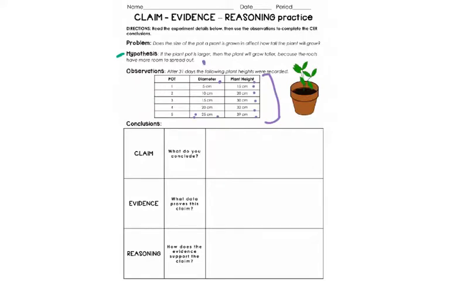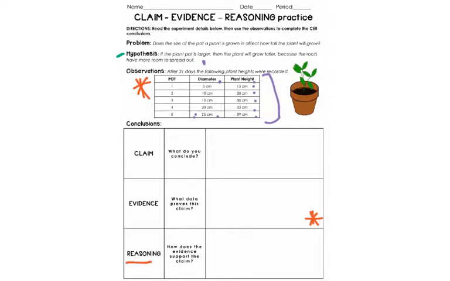But I want you to look at the data table and decide on your own. And then you're going to write me a claim, evidence, and remember, you're going to get your evidence from here. You want numbers as your evidence. And then reasoning to support this.